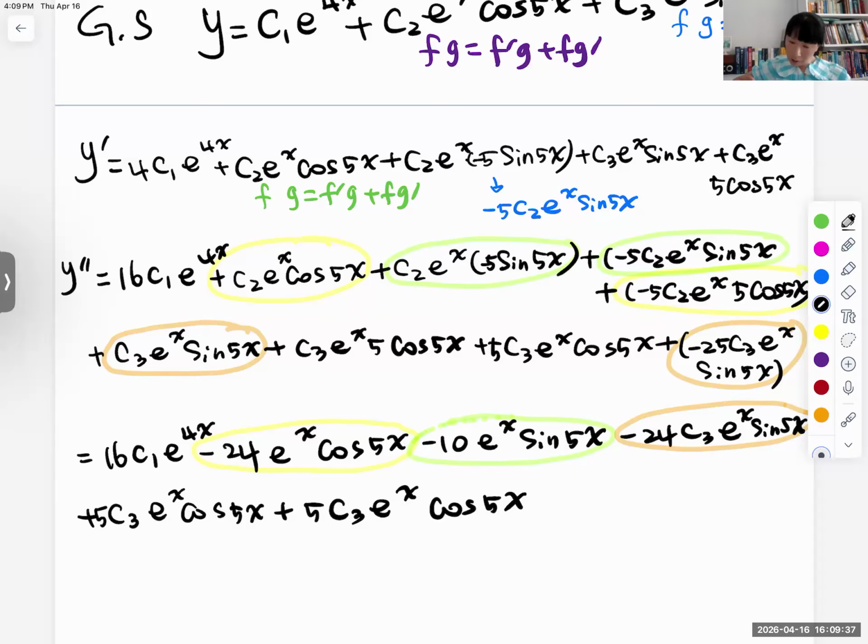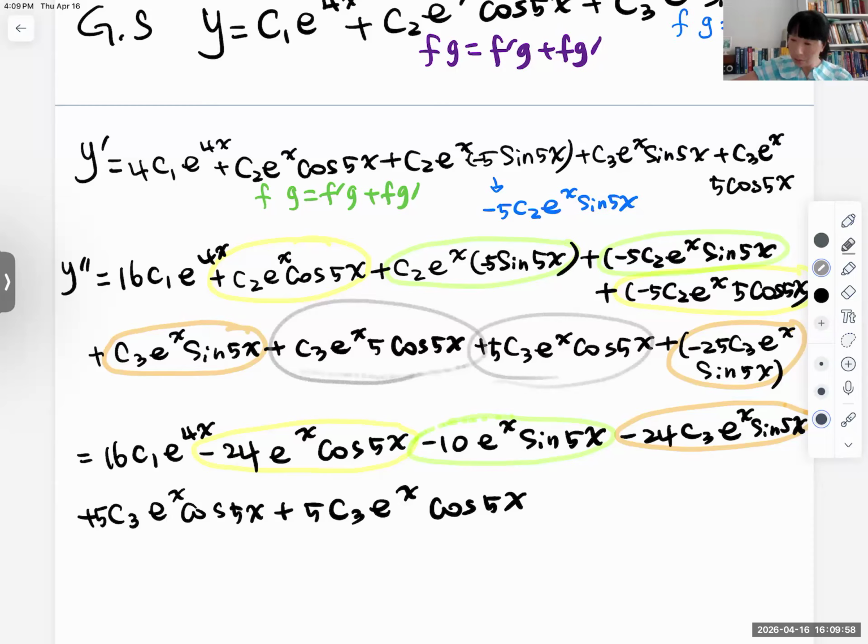Let me double check. This is the same as this, right? So we can combine in positive 10 then, right? Okay, so let's make a different color.